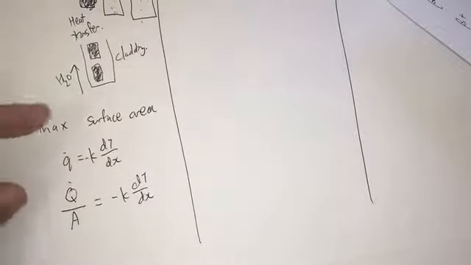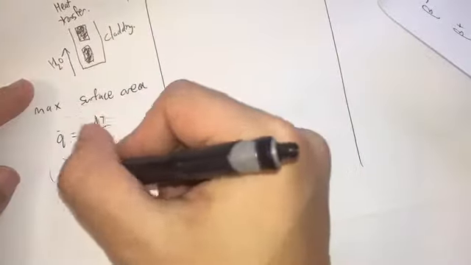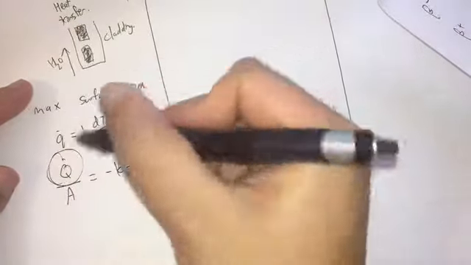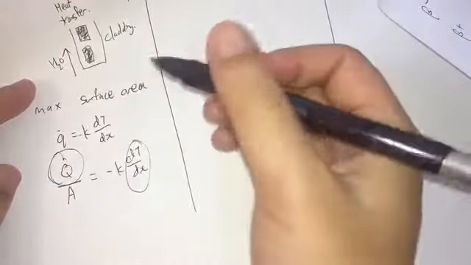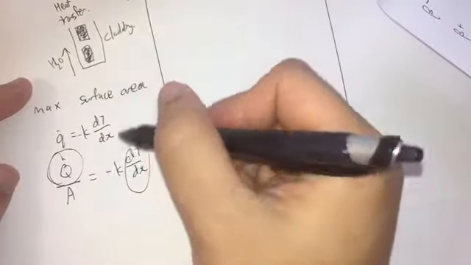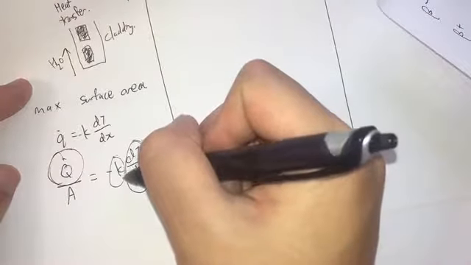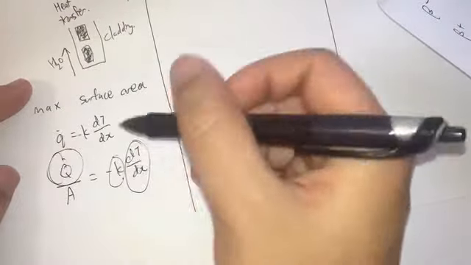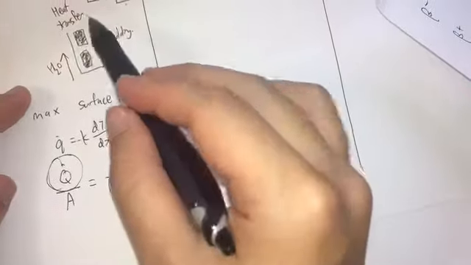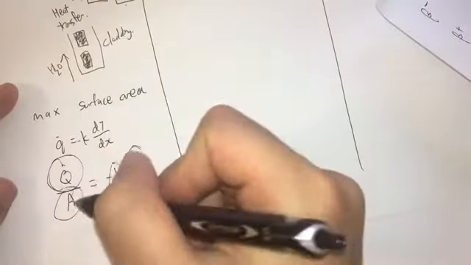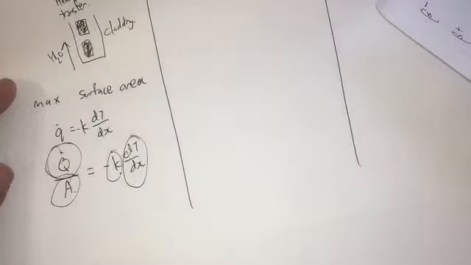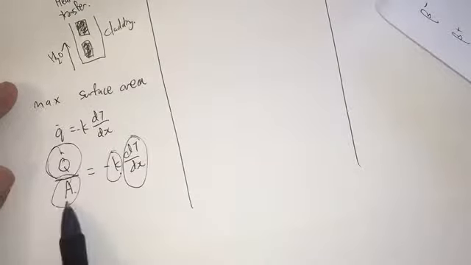The idea is to maximize the heat transfer and minimize the temperature gradient. There are two things we can do. Either we increase the heat conductivity, or in our case it's kind of fixed because the material is already fixed at uranium oxide. The other thing to do is to increase the surface area. So how do we increase the surface area?